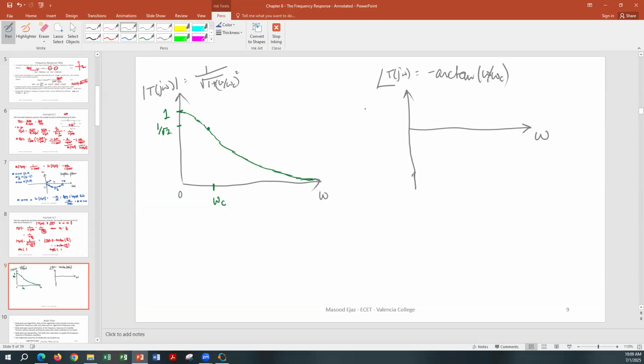At omega equal to 0, the phase is, come on guys, 0. Arctan of 0 is 0. Starts at 0. Why is it so hard? At omega equals omega c, what will be the phase?